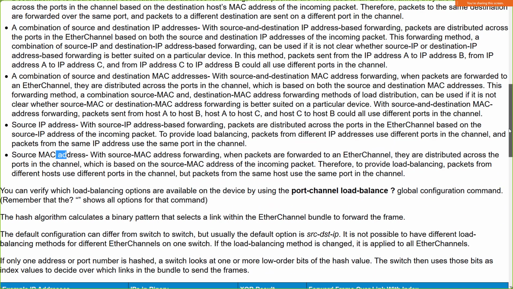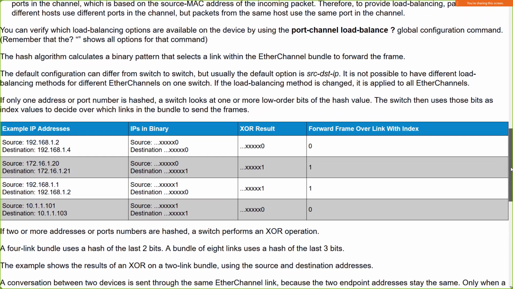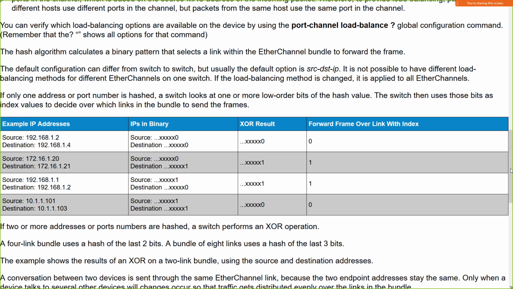Now, what load balancing method you decide to use will really depend on the types of traffic flow that you have in your network. And that's why I said usually when you set up an ether channel, you'll eventually get to the point where you want to verify and troubleshoot it, and you're going to use various show commands like show ether channel summary, or maybe you might even look at the interface statistics to see if the load balancing algorithm that you chose is adequate for the traffic flows that you have in your topology.